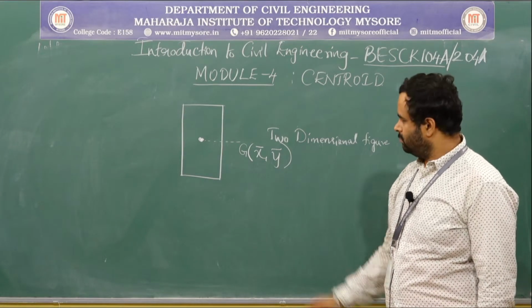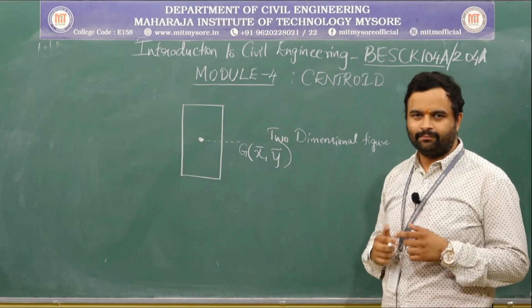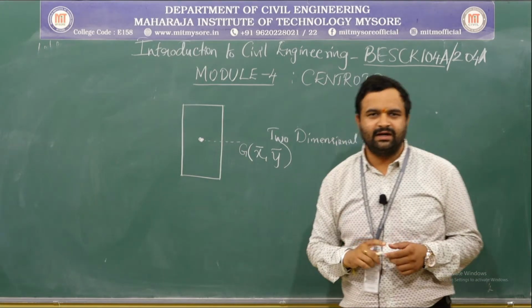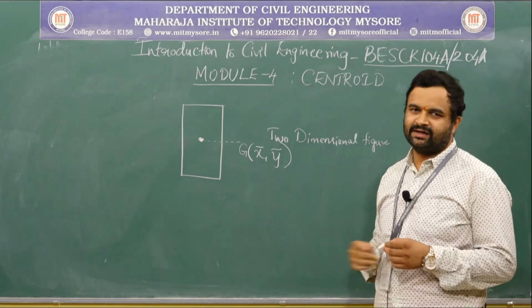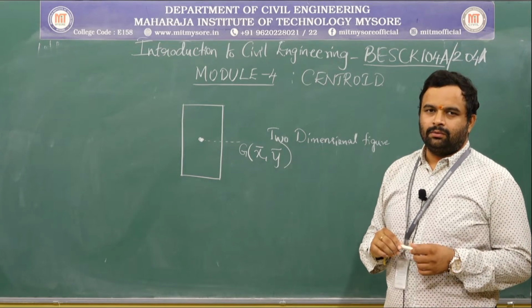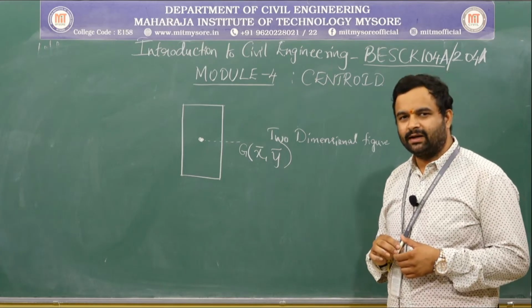So, by just looking at this figure, you might have an idea. You might think that it is exactly at center, it can be located easily exactly at center, but no. It is the point where the diagonals of the rectangle meet.